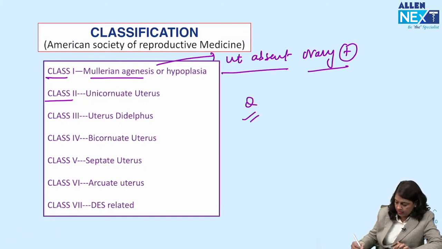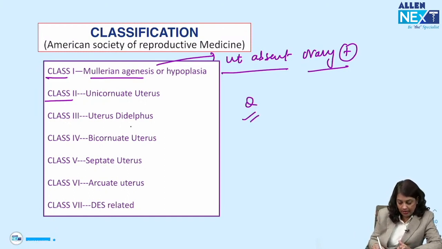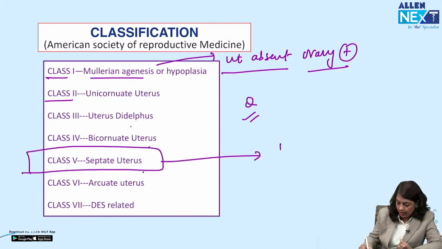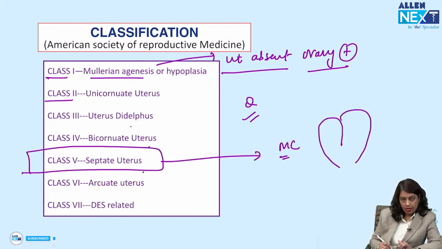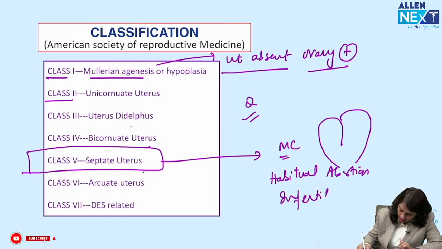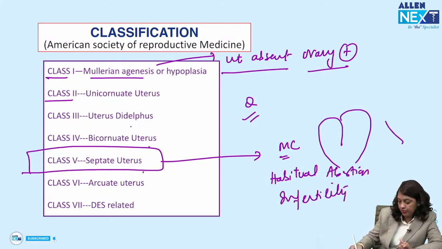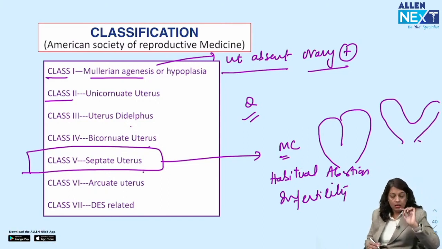You have to remember this classification. Class 2 is unicornuate, class 3 is didelphus, class 4 is bicornuate, class 5 is septate. Most common uterine anomaly is septate uterus. Most common uterine anomaly causing habitual abortions or causing infertility is septate uterus, and next is bicornuate uterus.